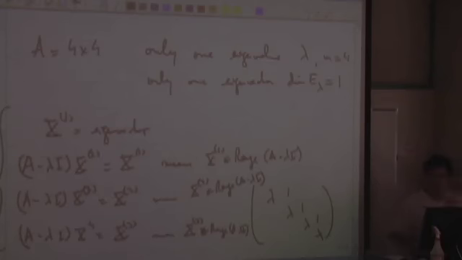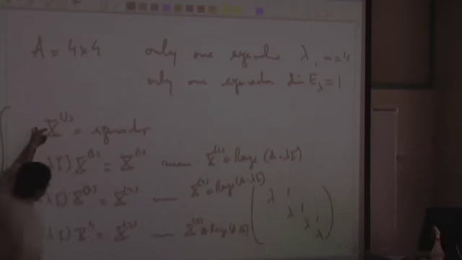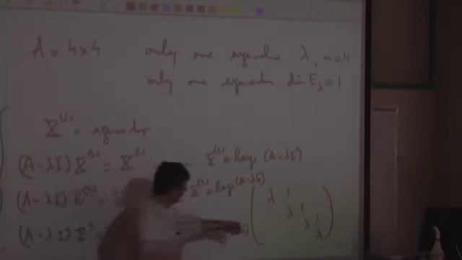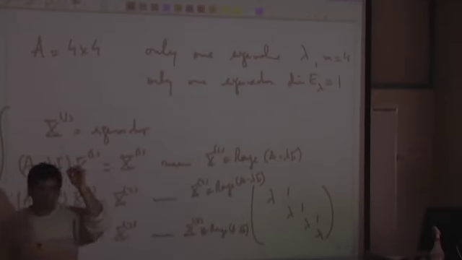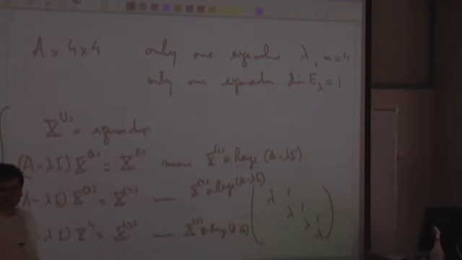Once you've established this, then you can just put x1, x2, x3, x4 in that order, take T inverse AT, and get that Jordan block.